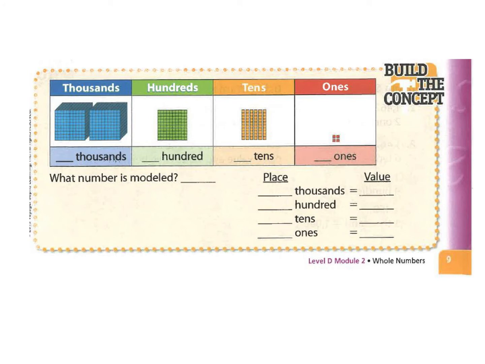So if we look here at what number is modeled, we see we have 2 thousands cubes, so that's a 2. We have 1 hundred, and there are 1, 2, 3, 4, 5, 6 tens, and 4 ones. So the number modeled is 2,164.